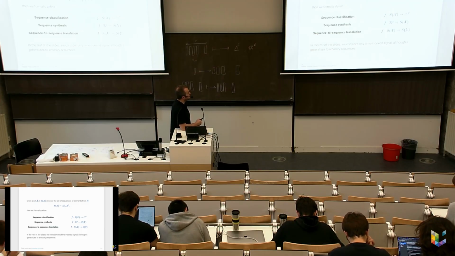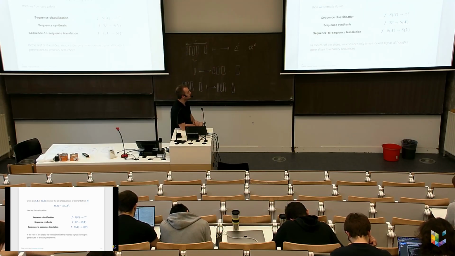And the sequence-to-sequence translation problem is the problem of finding a function which maps a sequence from some set of sequences to another sequence in another set of sequences. Okay? And so you see that the two sets of sequences do not need to be the same.